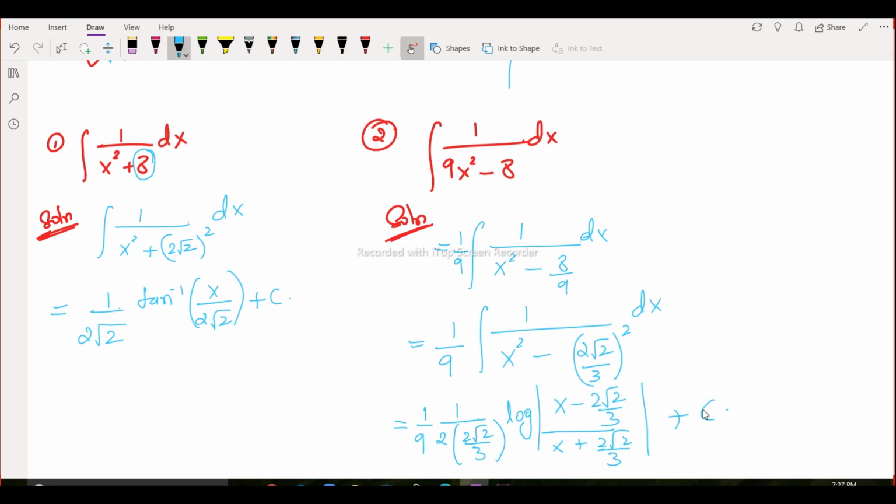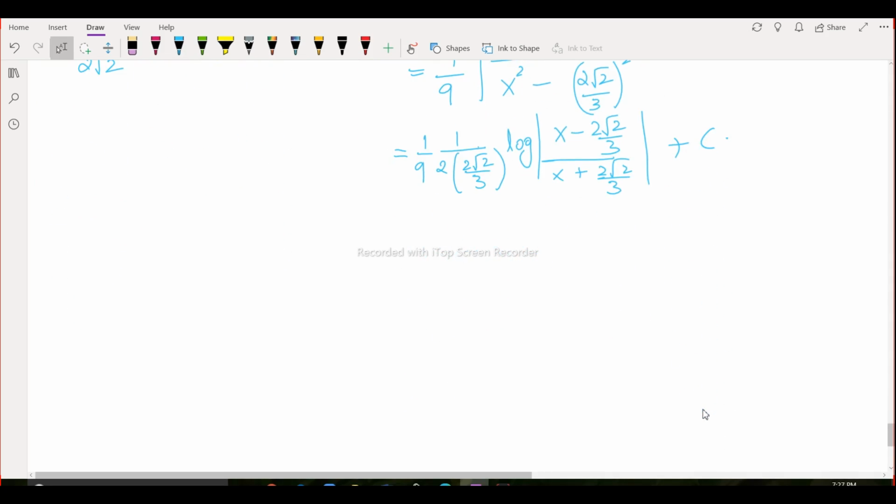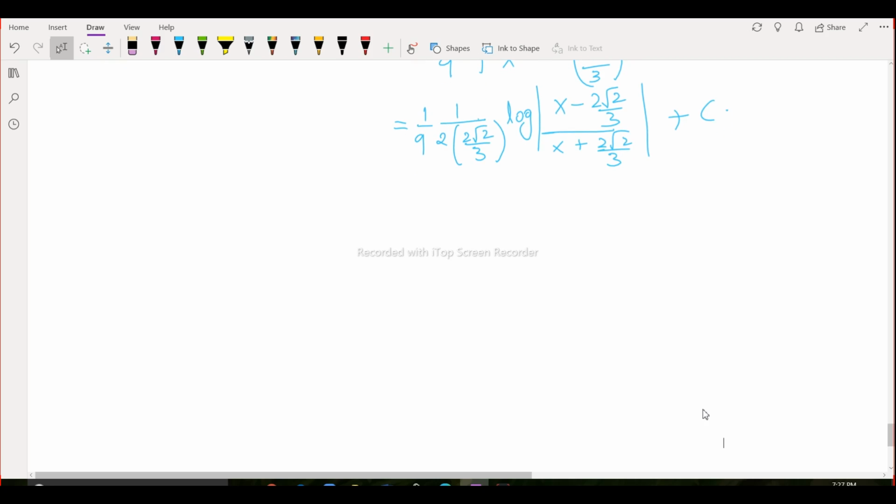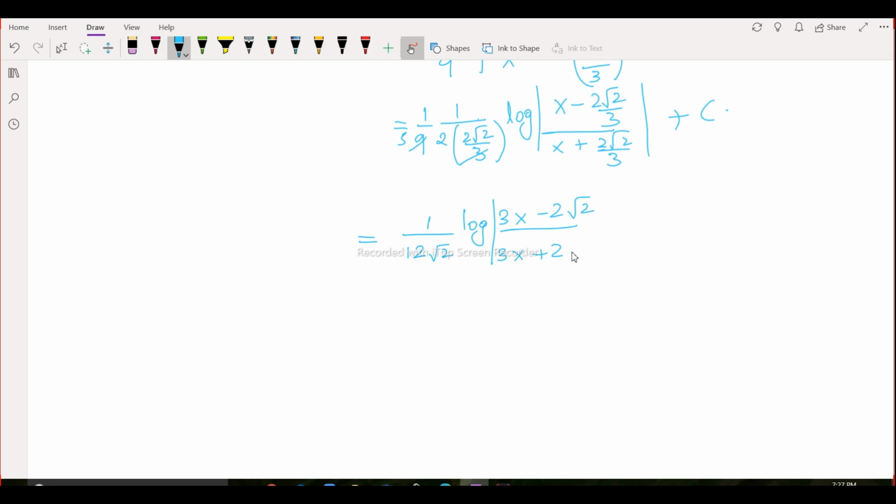And then you can simplify, you can take LCM, you can cancel out things. So that is fine, but this is the final answer. Mostly this is the answer. If you want, you can do one more step. 3 threes are 9, 2 into 6 is 12, so this is 1 by 12 root 2 log of, and let's take the LCM here, so you have 3x minus 2 root 2 upon 3x plus 2 root 2 plus c. So this is the answer, right?